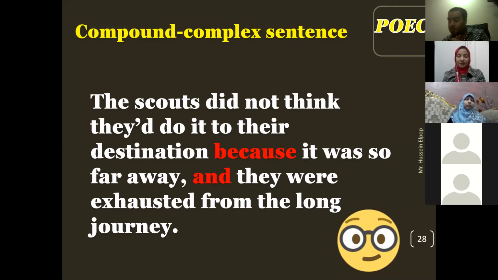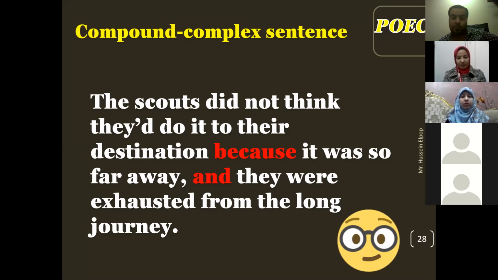So here, guys, tell me where is the independent clause here? Type in the chat. The scouts did not think they'd make it to their destination because it was so far away and they were exhausted from the long journey. They were exhausted.